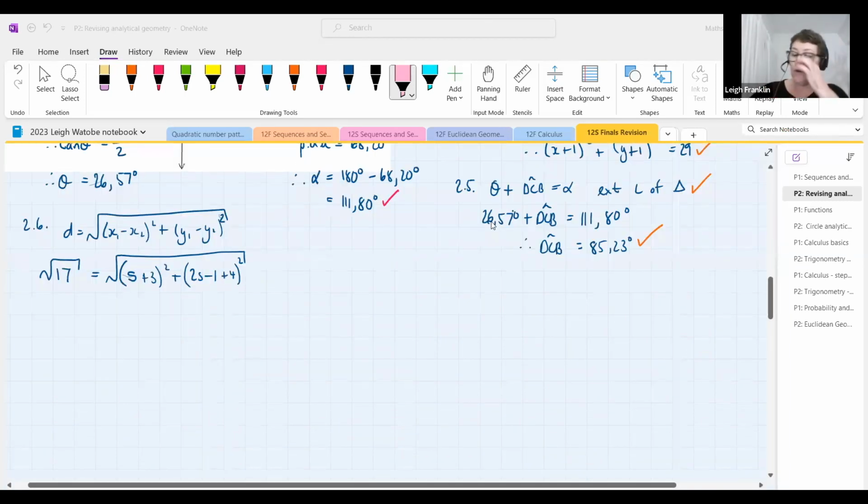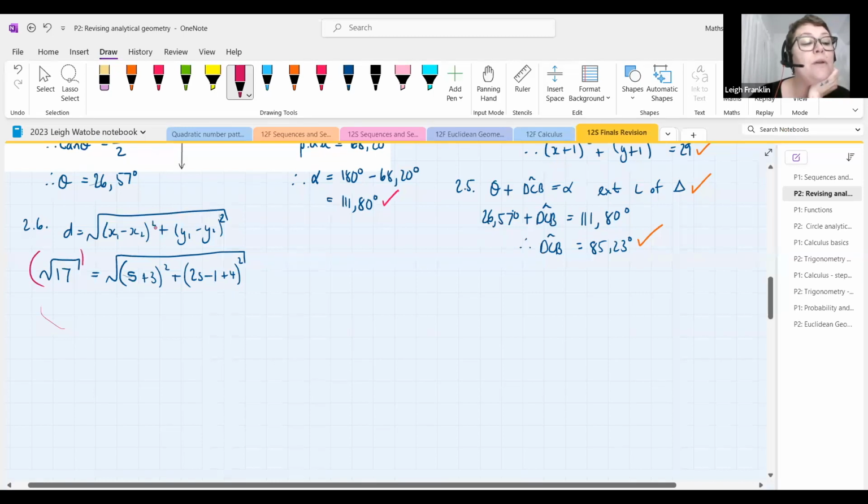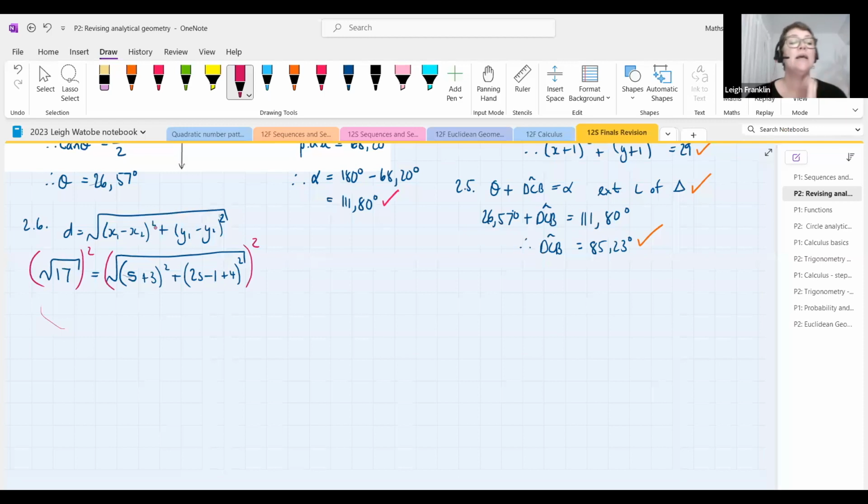Okay, so now what do I need to do to both sides? What am I going to do to both sides of my equation, Matrix? Square. Good, Mosey. Well done. You're on the ball. All right, so I'm going to square the left-hand side and I'm going to square the right-hand side to get rid of these horrible radicals. These horrible roots, don't want to work with them.